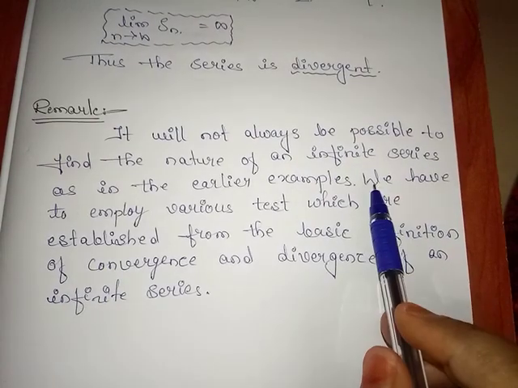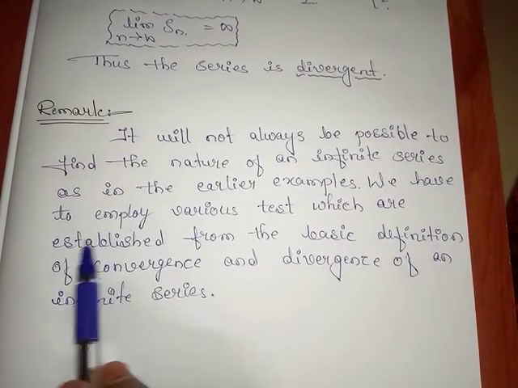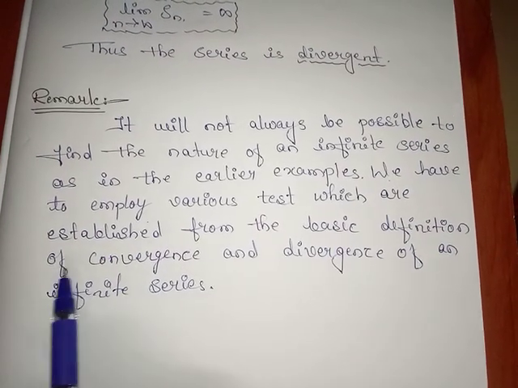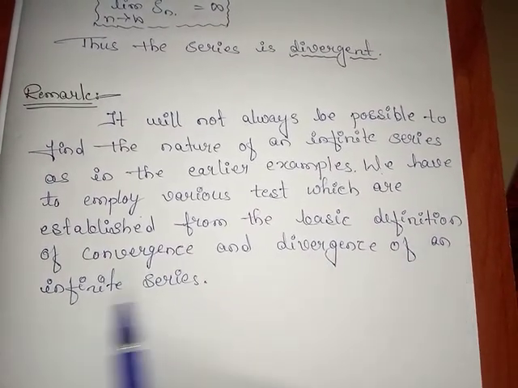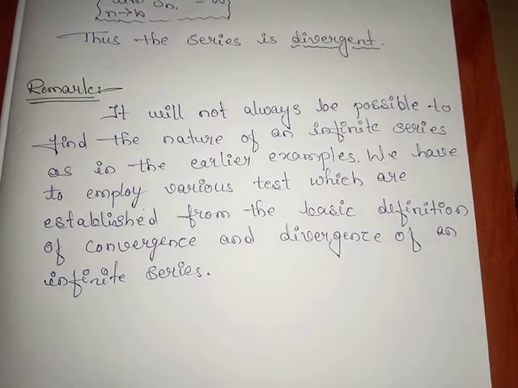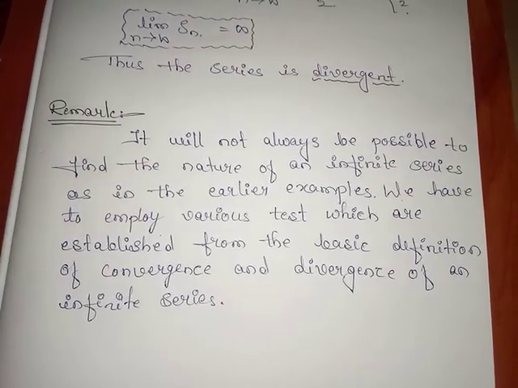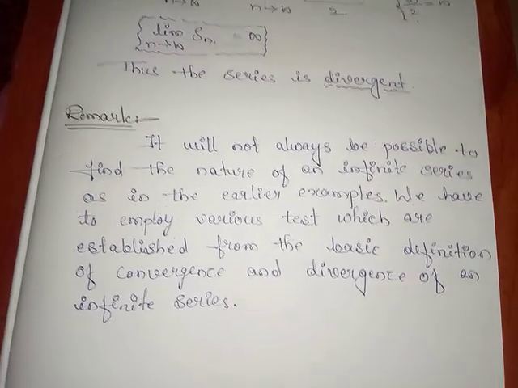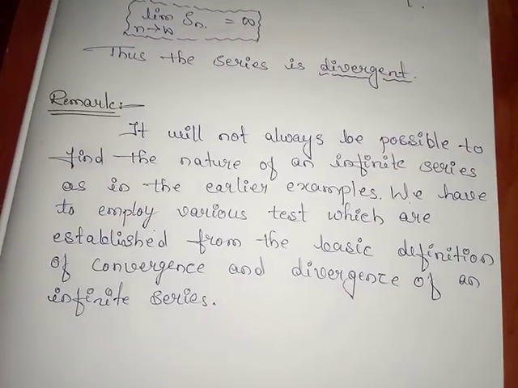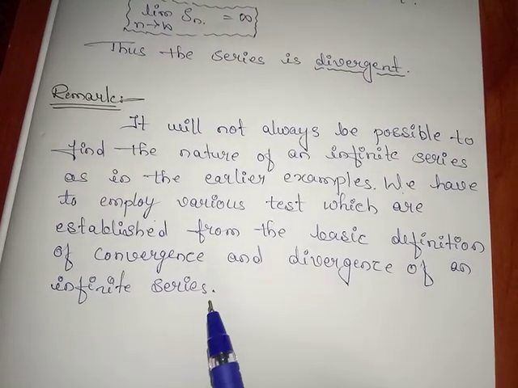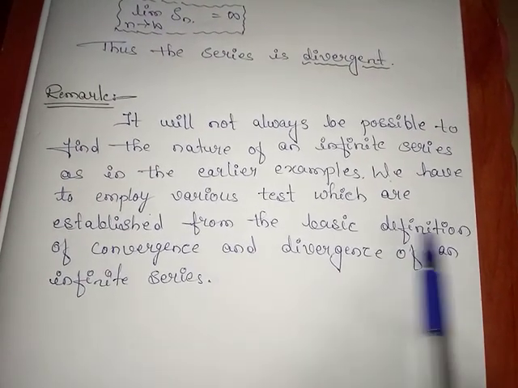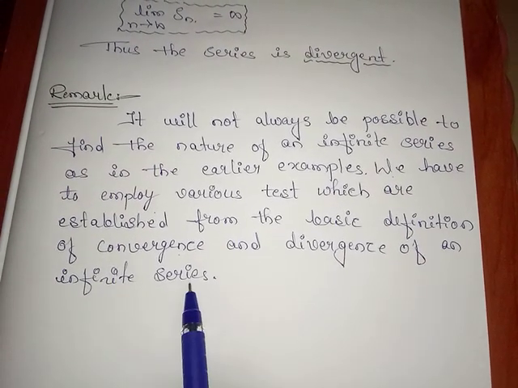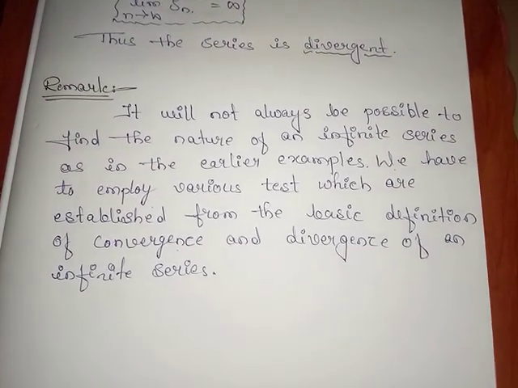We have to employ various tests which are established from the basic definition of convergence and divergence of an infinite series, so that we have some well-known established results to find the nature of the given series. We will see those results in the next class.